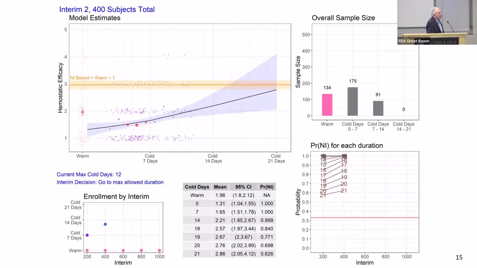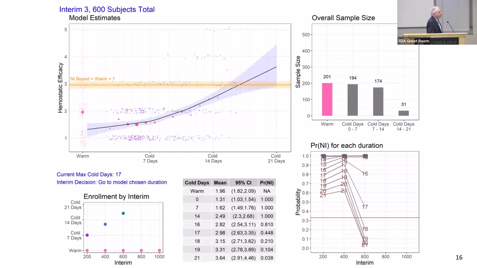But then because we're at 12 days, the maximum we're allowed to move to as the storage duration is 12 plus 5 or 17. We enroll an additional 200 patients for a total of 600. And now if you look at the middle of the bottom of the slide in the table, you can see that at 17 days of storage, there's a 45% probability of non-inferiority, but by 18 days it drops below a third.